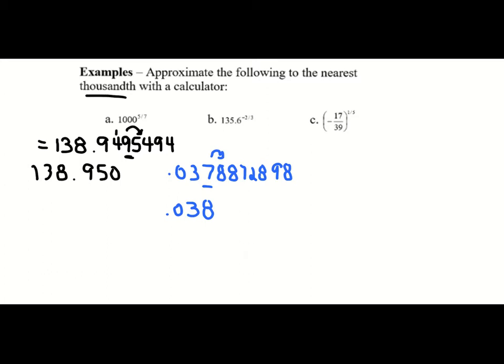You should get an answer of negative 0.8469872307. And they want us to round again to the thousandths, so we have a 6. My number next door is a 9, so it will become negative 0.847 for my final answer there.